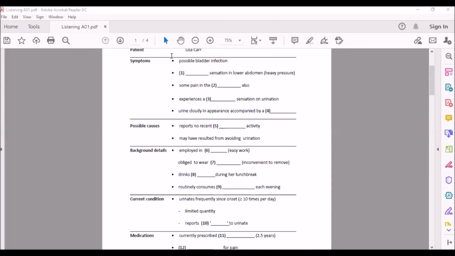Now, of course, when you read, you should read the whole line to the end, okay? Because some words might help you. So don't just stop here, blah, blah, blah, sensation. Just read to the end.